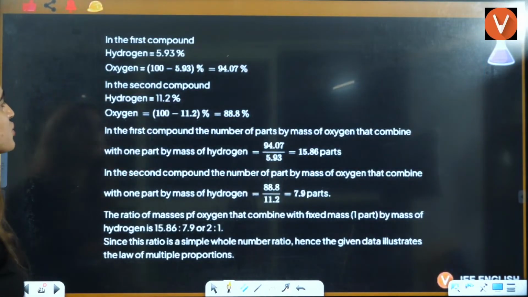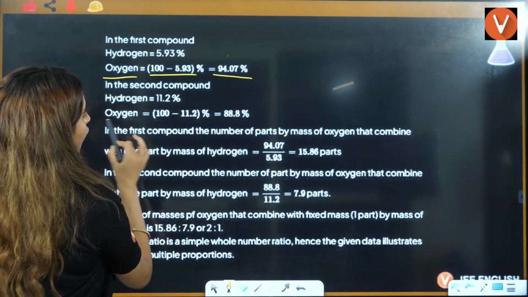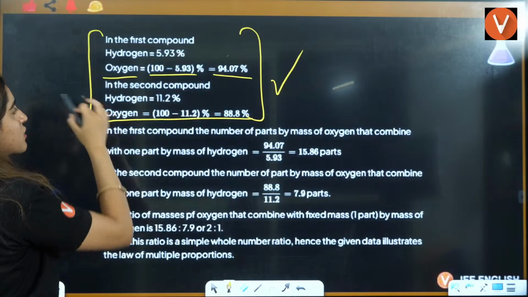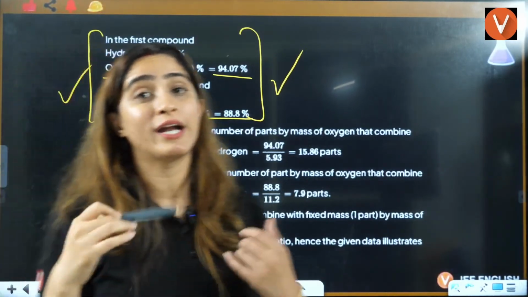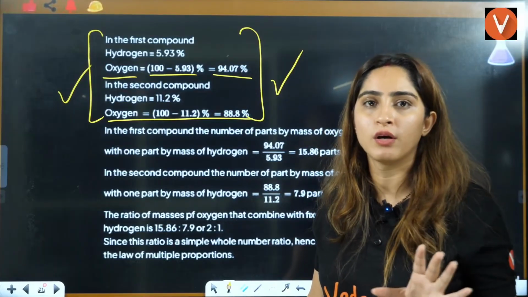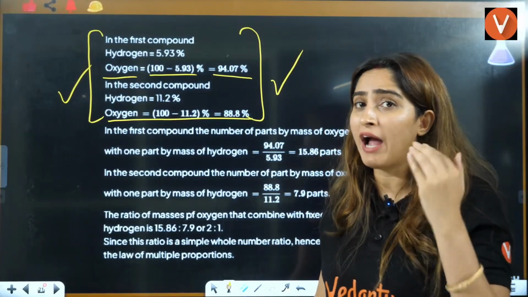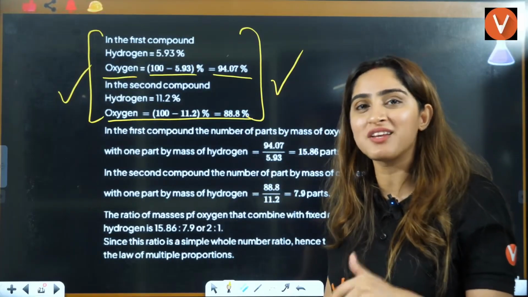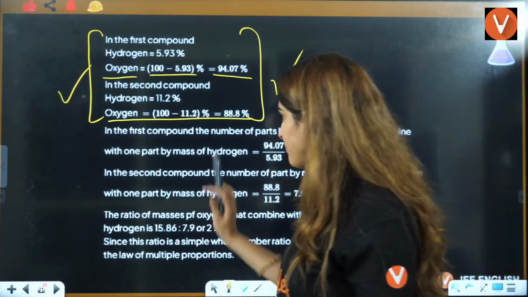Once you know the oxygen content here, you know everything. You have the content of oxygen, you have the content of hydrogen. Now, same thing what we did before: fix the amount of hydrogen and see, are you getting the amount of oxygen in simple whole number ratio or not?